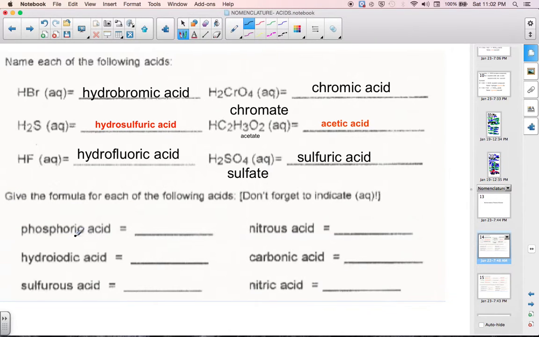If it ends in ic acid, what should my original oxyanion end in? Okay, so let's go back. When it says ic acid at the end, I have to have ATE on the original oxyanion. So that's what I'm going to do. I'm going to put ATE.